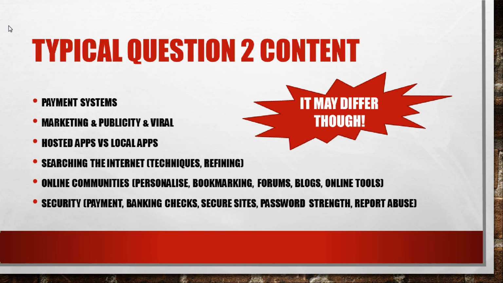If you watched the previous video, I apologise, but if you haven't, the typical questions that I've spotted through analysing the questions are things like questions about payment systems, marketing, publicity, viral, things like hosted versus local applications, searching the internet, techniques and refining, online community, so personalised bookmarking, forums, blogs, online tools, online accounts, security in terms of payment, bank checks, secure sites, different payment methods have come up, password strength, and reporting abuse.